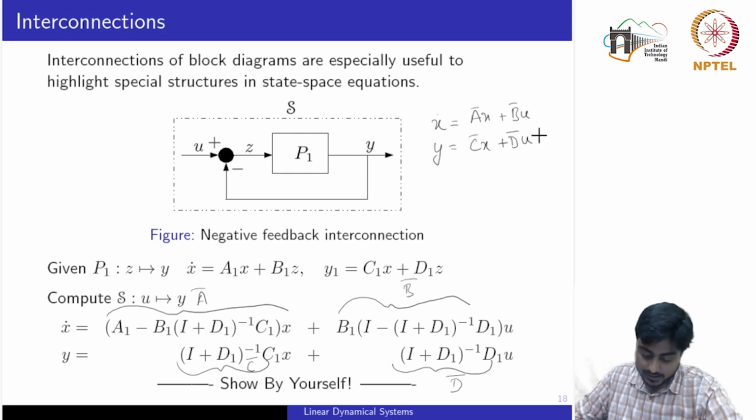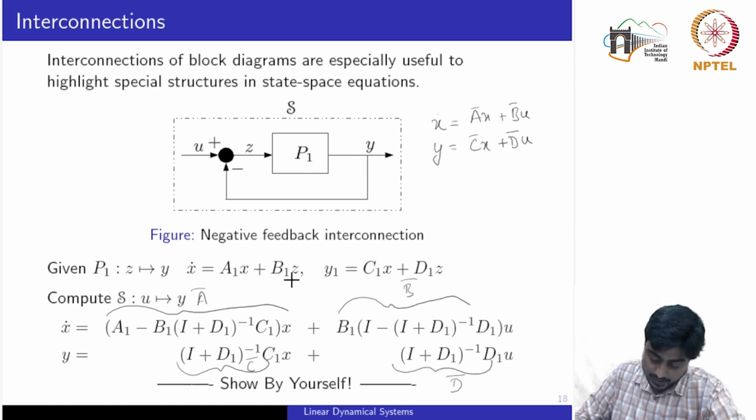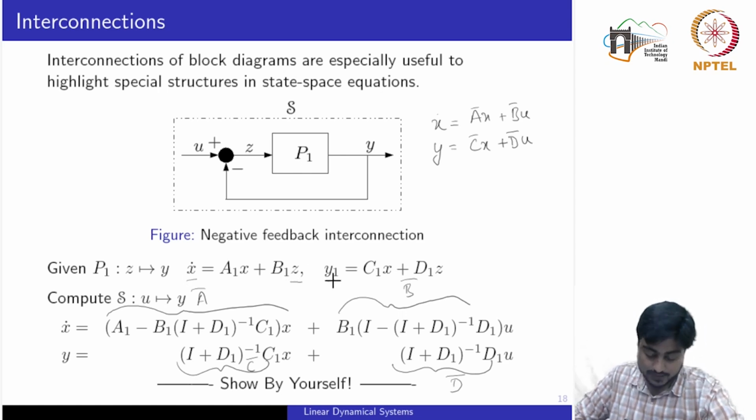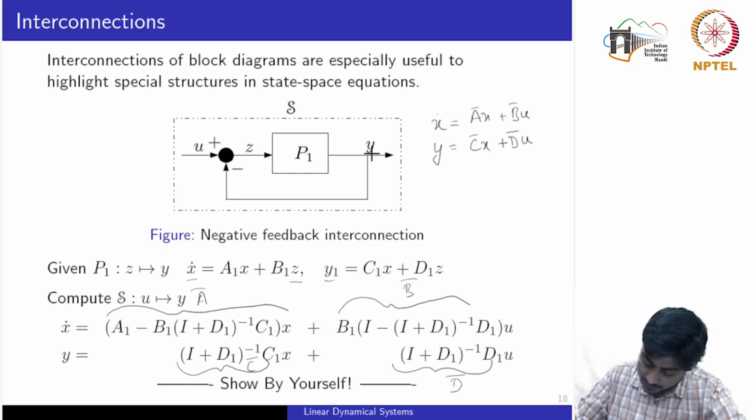So note that when we have represented the P1, the input is Z1, but the state remains the same, and the output we have is Y1. Okay, so here there is a minor typo. It should be basically Y, because we have denoted it by Y here.